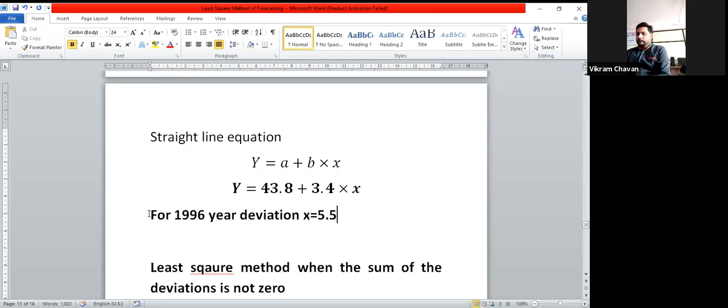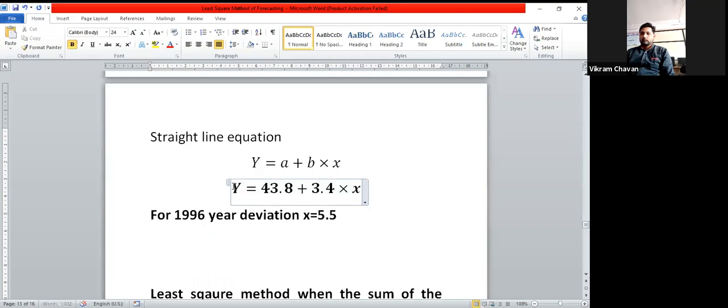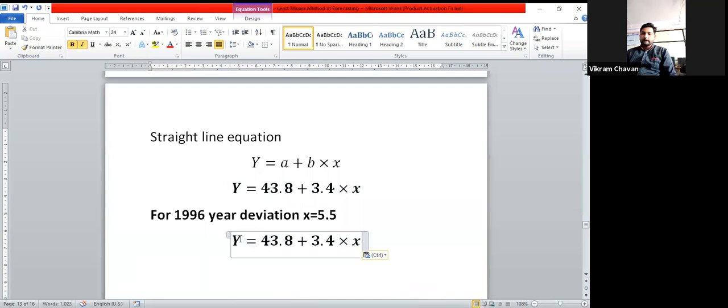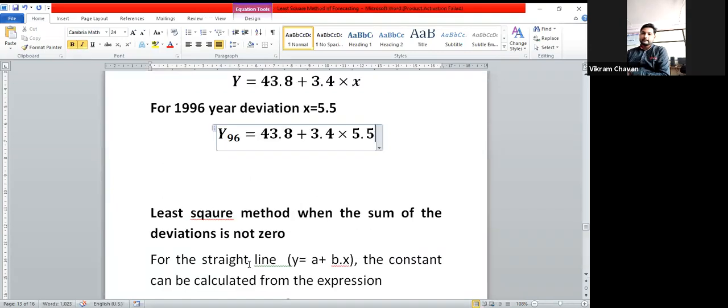So by using this straight line equation we can calculate the demand for the 96 year, I will say y96. Here in this equation, we have to replace x by 5.5, and you just find out y96.